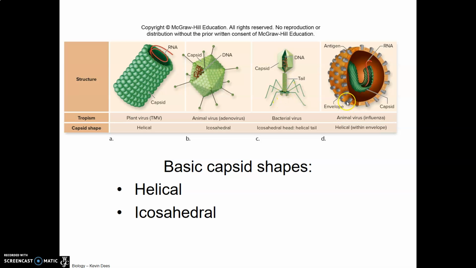And then other viruses have the capsid on the inside, enclosing the RNA genome here, and then there is an envelope or shell around the outside. But these are the basic capsid shapes, made up of those proteins.